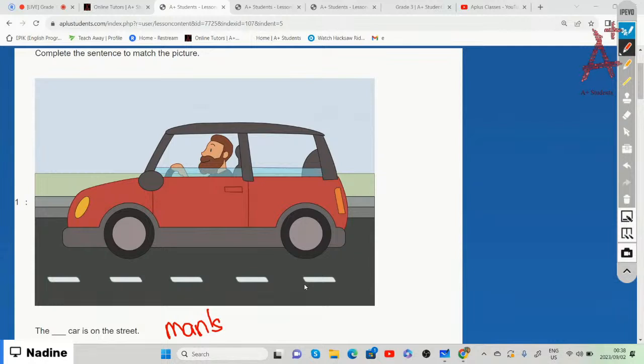For example, if the man owns something, then we say it's the man's thing, and we put the apostrophe and the s there. Remember, if you do not put an apostrophe there, it will be seen as if you are showing the plural form instead of referring specifically to the man or the dog and so on.